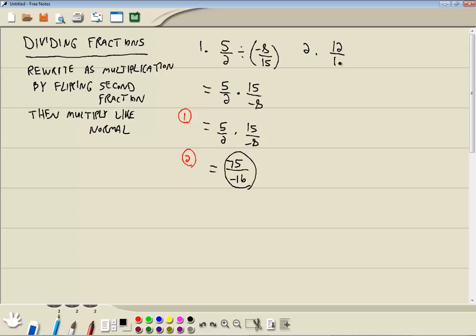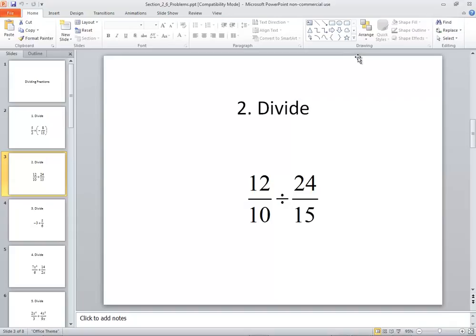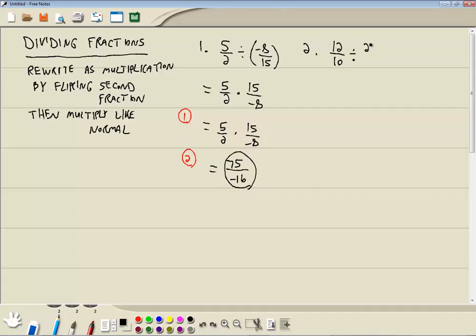We've got 12/10 divided by 24/15. And again, we immediately rewrite the division as multiplication. So flip the second fraction, take the reciprocal of it, and we get 15 over 24.